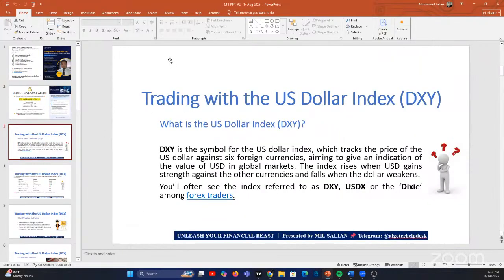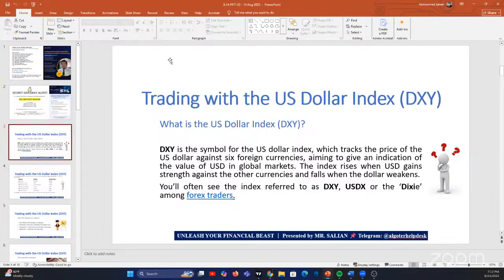Now, what is the US dollar index or DXY? DXY is the symbol for the US dollar index, which tracks the price of the US dollar against six foreign currencies, aiming to give an indication of the value of the US dollar in the global market.